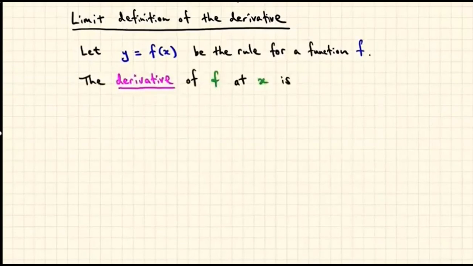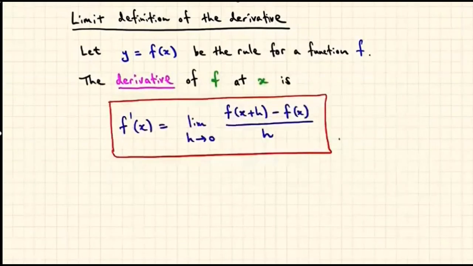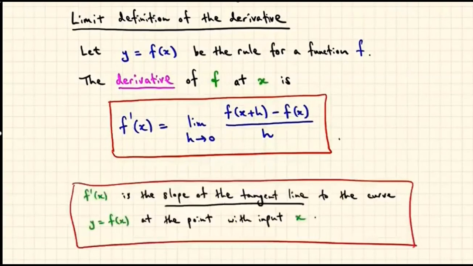Remember, we define the derivative of f at x, denoted by f dash x, to be the limit as h tends to 0 of f of x plus h minus f of x divided by h. You can also remember this limit formula captures precisely the value of the slope of the tangent line to the curve at the point of interest.